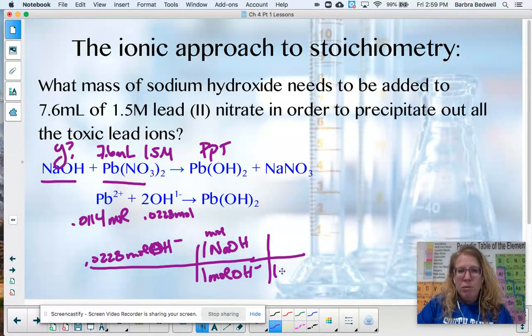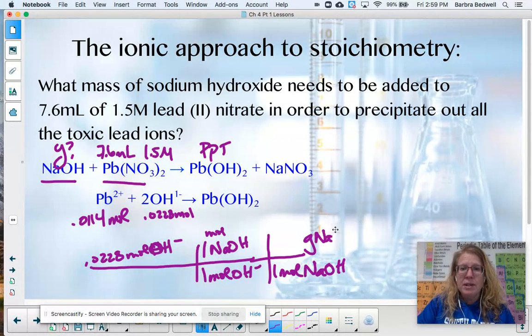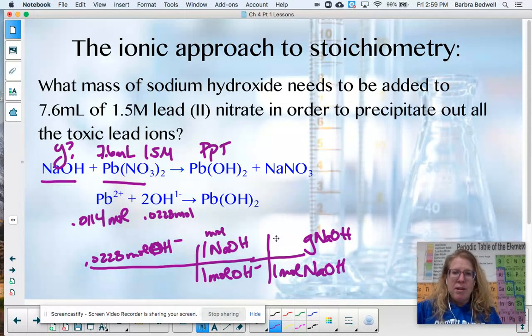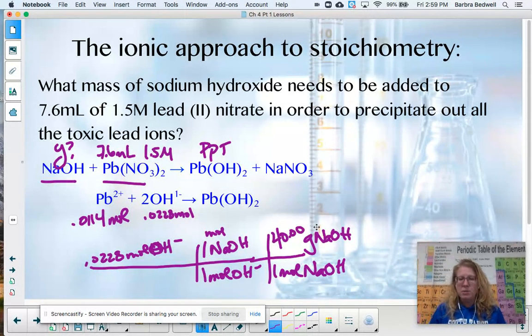And then I can do 1 mole of sodium hydroxide, NaOH, gives you how many grams of sodium hydroxide? In this particular case, it's 22.99 plus 1.01 plus 16 gives me a molar mass of 40.00 grams of sodium hydroxide is equal to 1 mole.